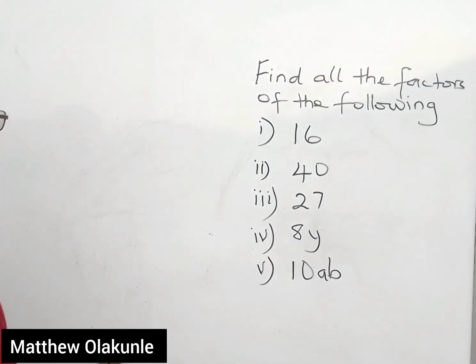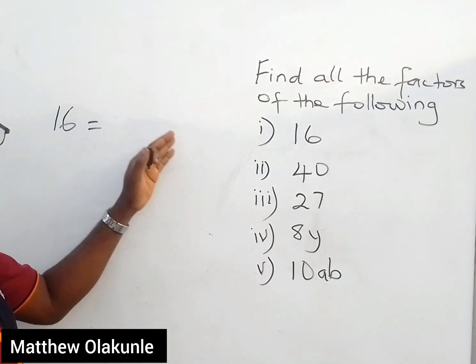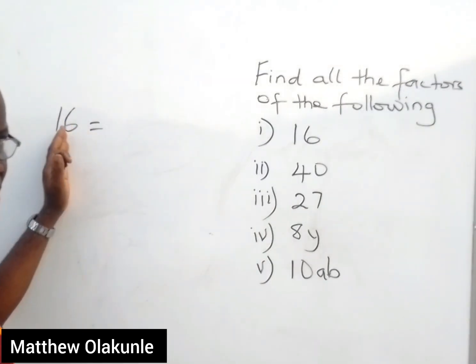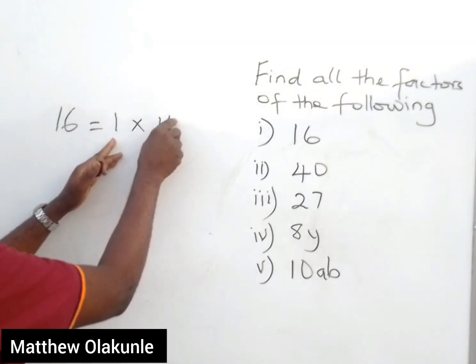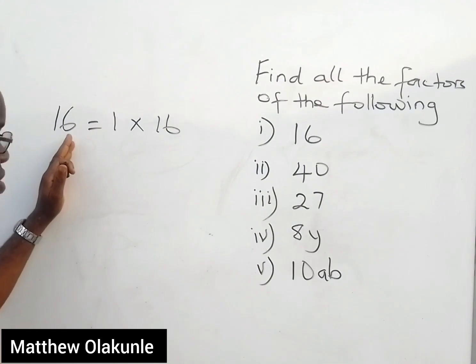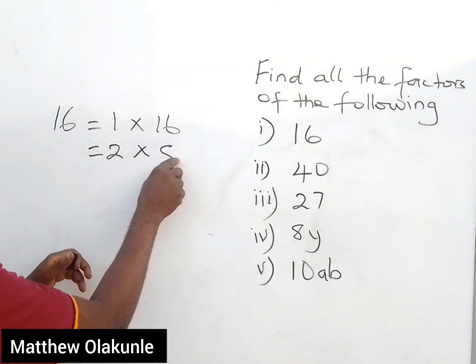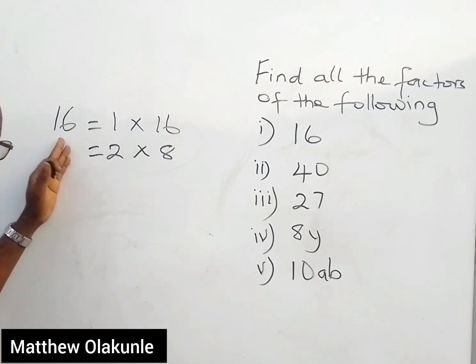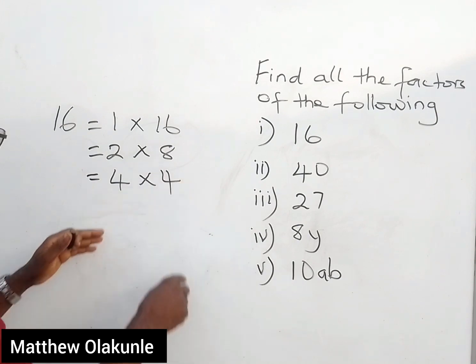For the first one, we have 16. If you are to get all factors of 16, you start from 1. 1 times 16 is 16. Then the next number is 2. 2 times 8 is 16. Then 4. 4 times 4 is 16.